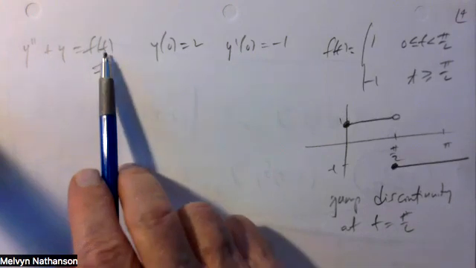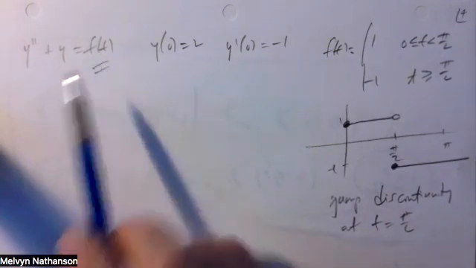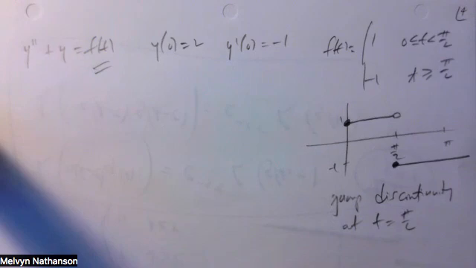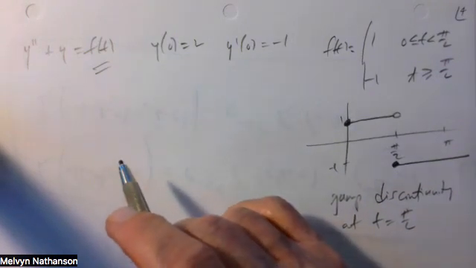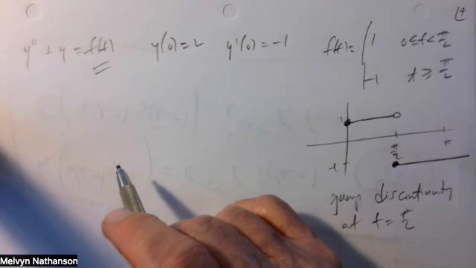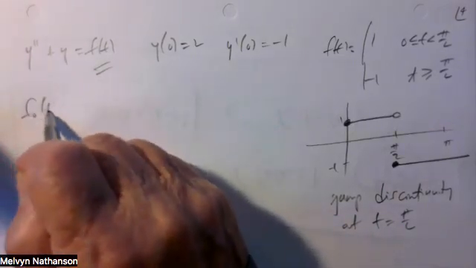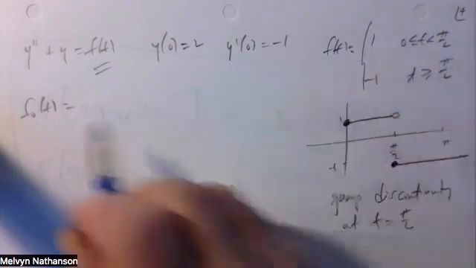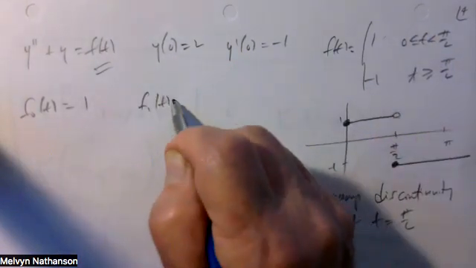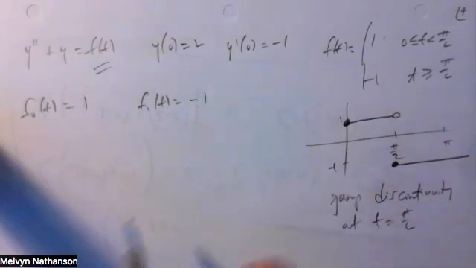We write, first of all, the right-hand side, the forcing function, in terms of the unit step function. So suppose we let f0 of t equal the constant function 1, and f1 of t be the constant function minus 1.